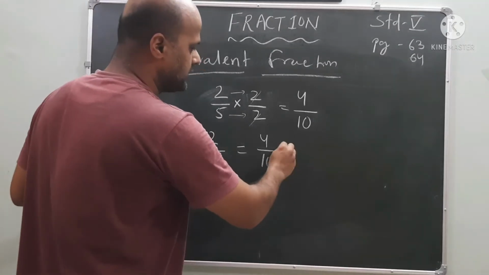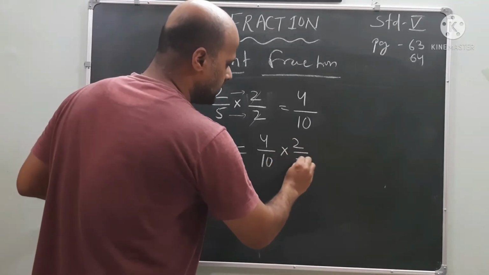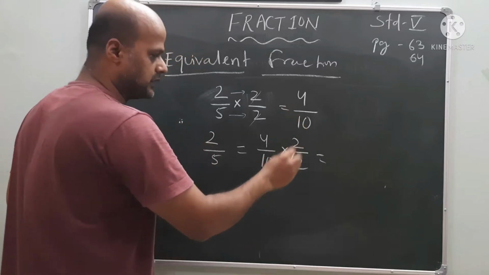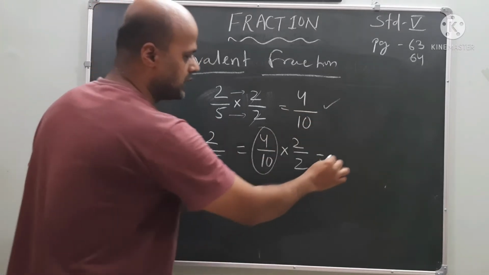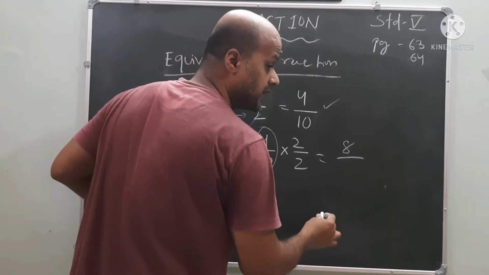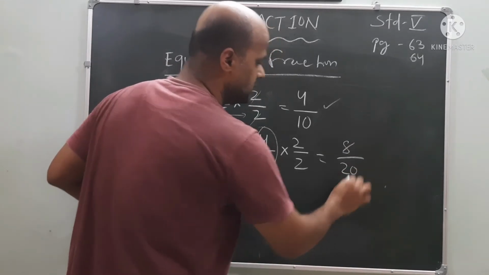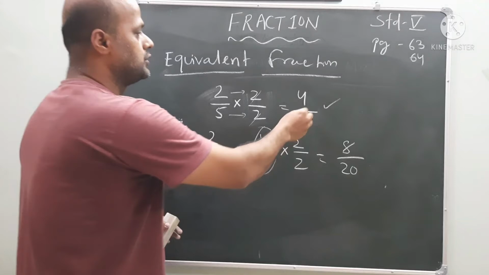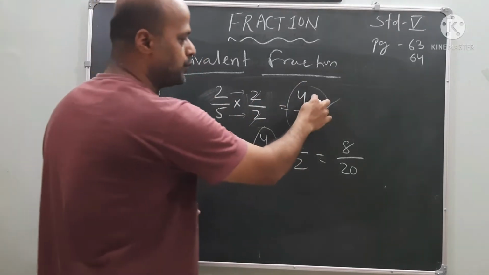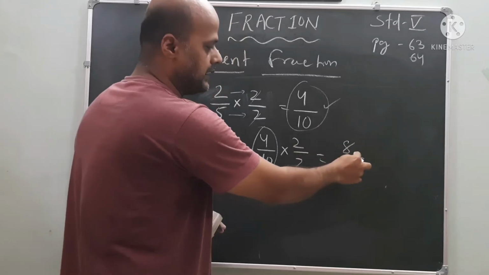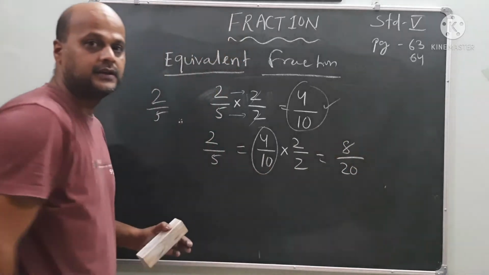With the 4 by 10 you can multiply 2 by 2 also. 4 by 10 is the first one. Second one is 8 by 20. So the 2 equivalent fractions of 2 by 5 are 4 by 10 and 8 by 20.